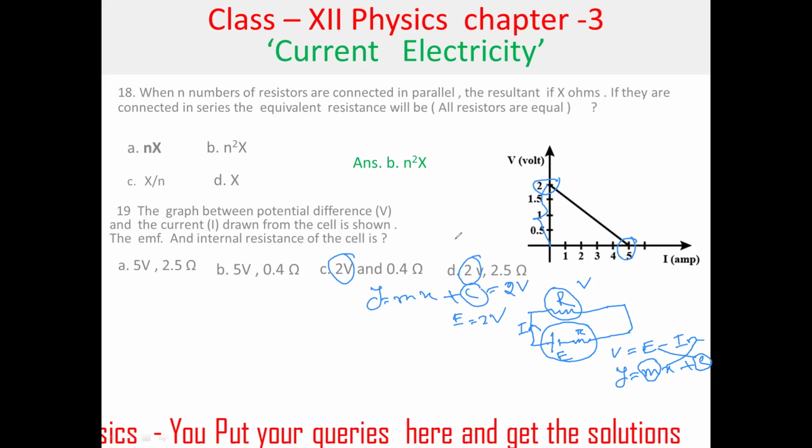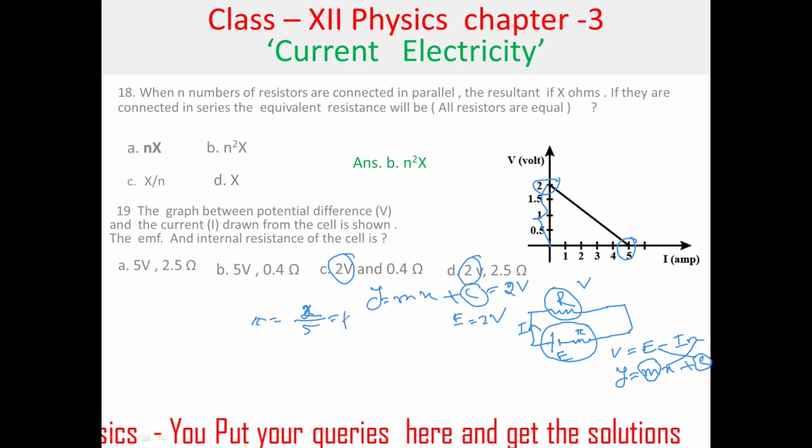Now let us check the value of R. R is the slope, the slope of this curve. So R would be equal to y by x, which is 2 by 5.